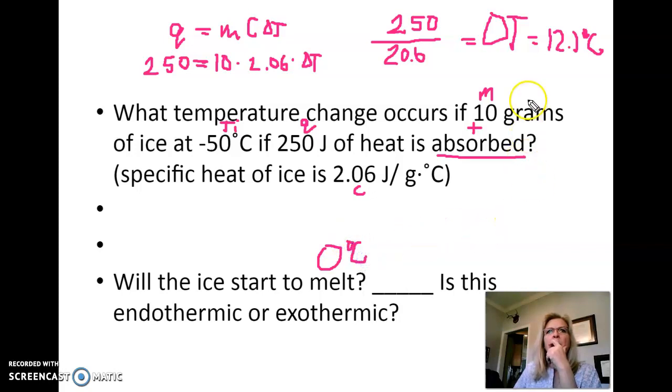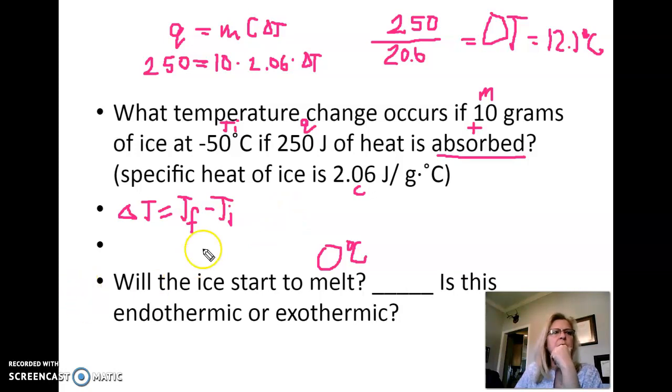So now we want to know, well, what is the final temperature? So if delta T is equal to the final temperature minus the initial temperature, and we have the initial temperature from our problem, then we're just going to plug everything in. I am going to change color so you can see it.